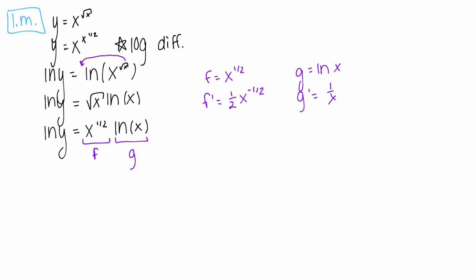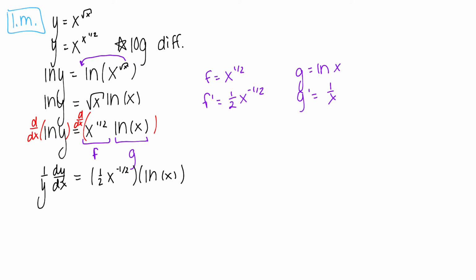So when we differentiate both sides, on the left we have 1 over y dy dx is equal to f prime, so 1/2 x to the negative 1/2, g is ln x, plus g prime is 1 over x, and then f is x to the 1/2.